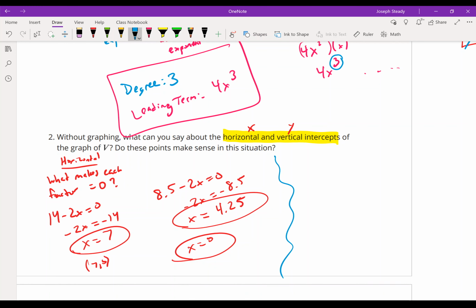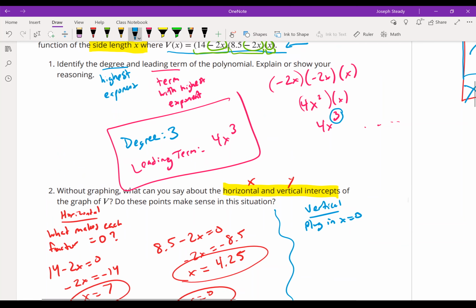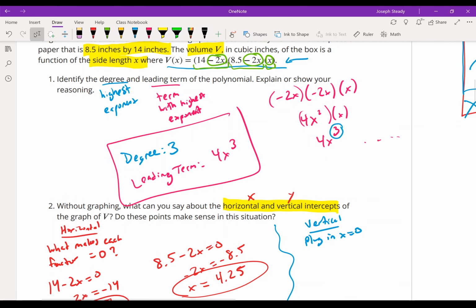For the vertical intercept, we go the exact opposite direction. We plug in x equals 0. Remember, the vertical intercept is your y-intercept, and if you're on your y-intercept, you always have an x value of 0. So if I plug in 0 here, that first parentheses, 14 minus 2 times 0, just becomes 14.